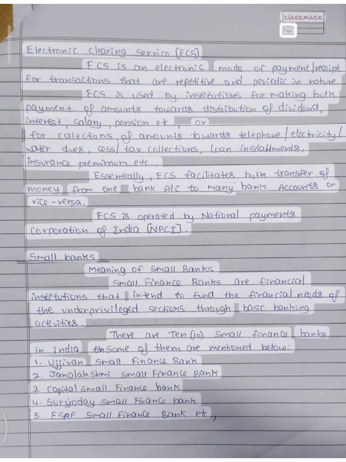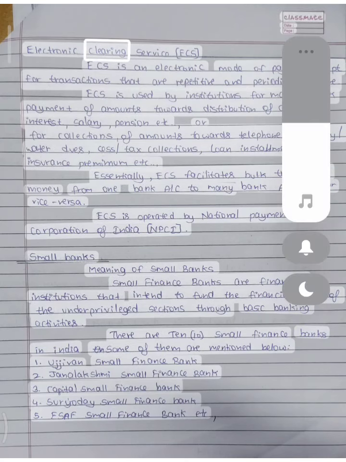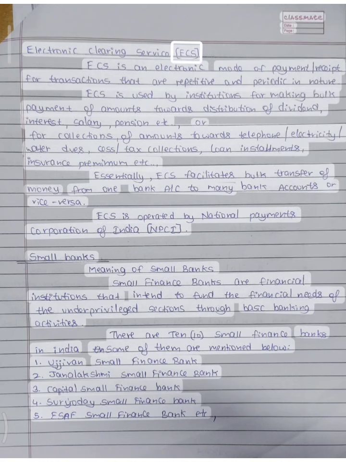Electronic Clearing Service, ECS. ECS is an electronic mode of payment and receipt for transactions that are repetitive and periodic in nature.